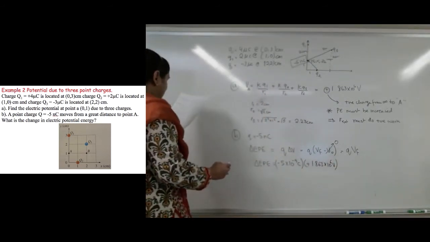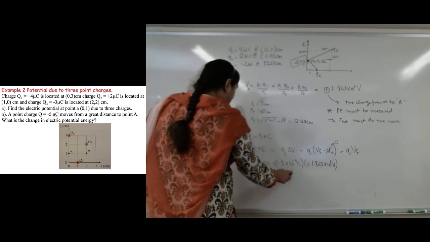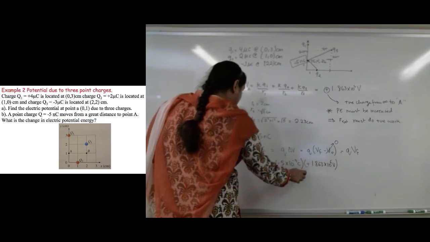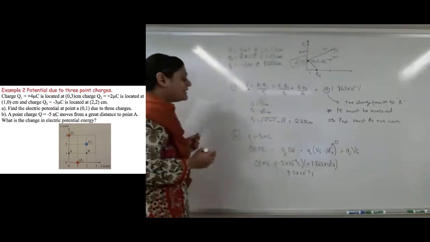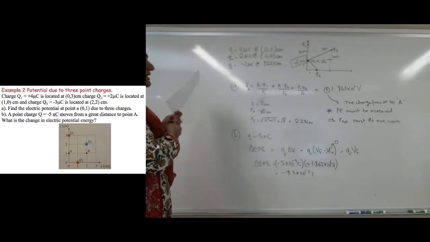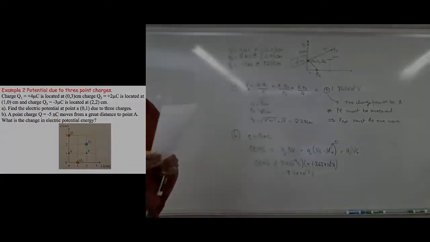Okay, multiply them together, and you get minus 9.3 times 10 to the minus 3 joules. That is the change in electrical potential energy from bringing a 5 nanocoulomb charge from infinity to this point.